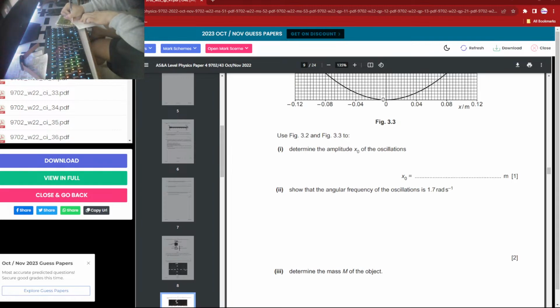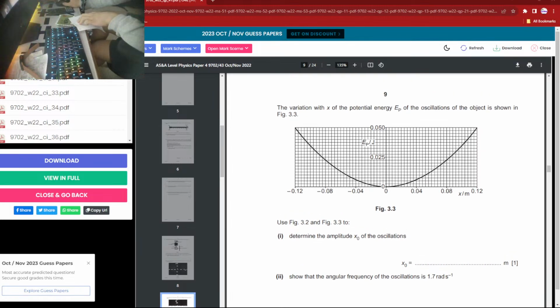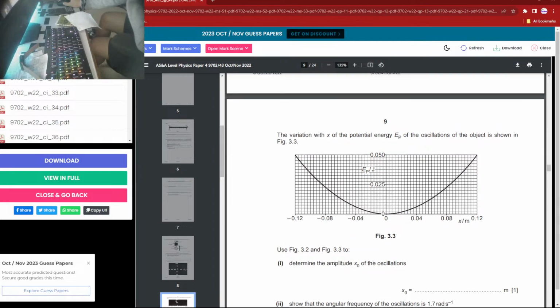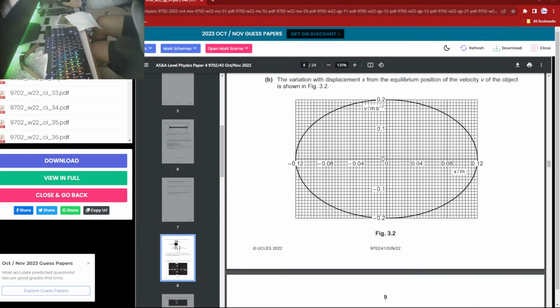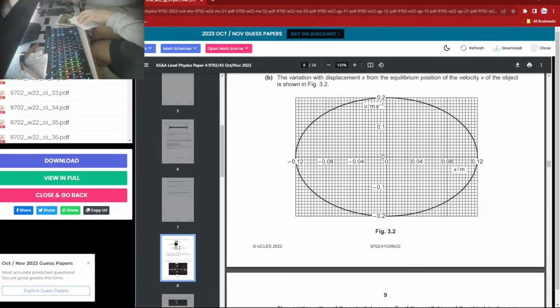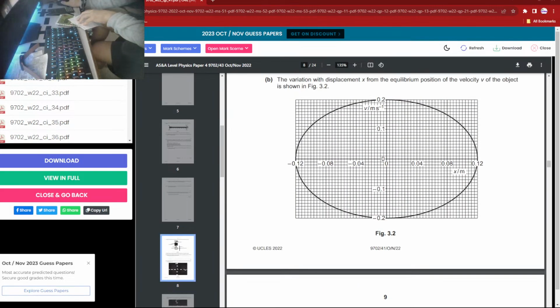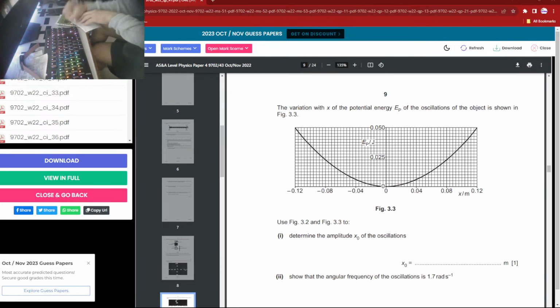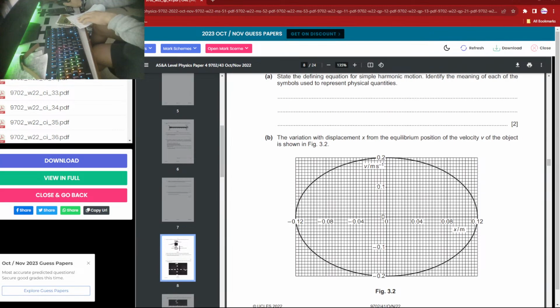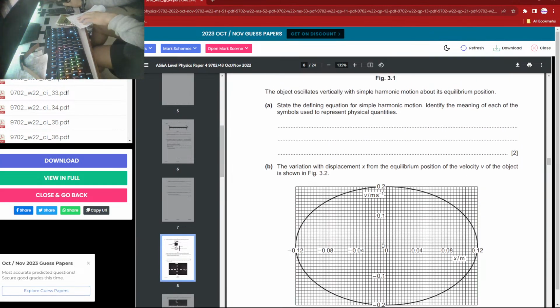Okay. Show the angular frequency of the oscillations is 1.7 radians per second. So you already have the maximum displacement. Here it says the angular frequency, so you would use v is equal to angular velocity times x naught. Let's say it has maximum velocity here, 0.2.